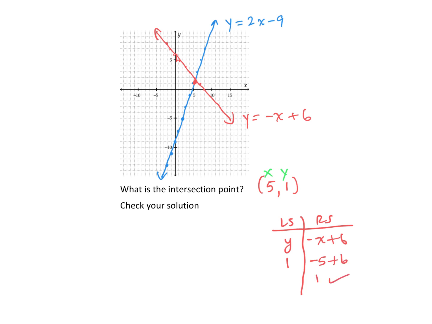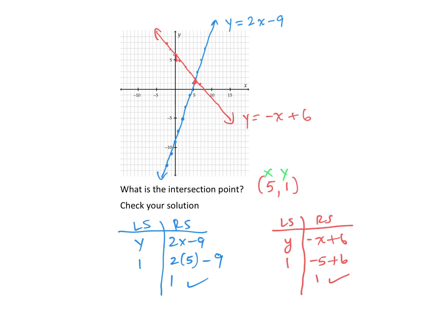So it checks in the red line, and let's check it in the blue line. That equation was y equals 2x minus 9. So again, y is 1, x is 5. 2 times 5 is 10, minus 9 is 1, so it checks in that line. So we were correct. 5, 1 is the intersection point.